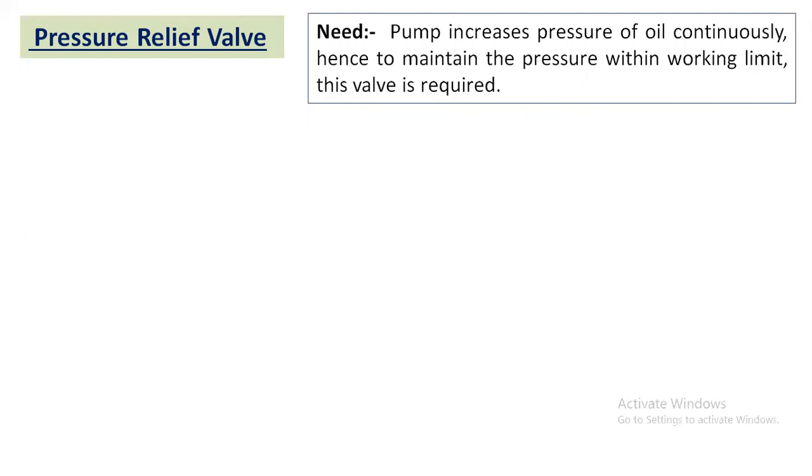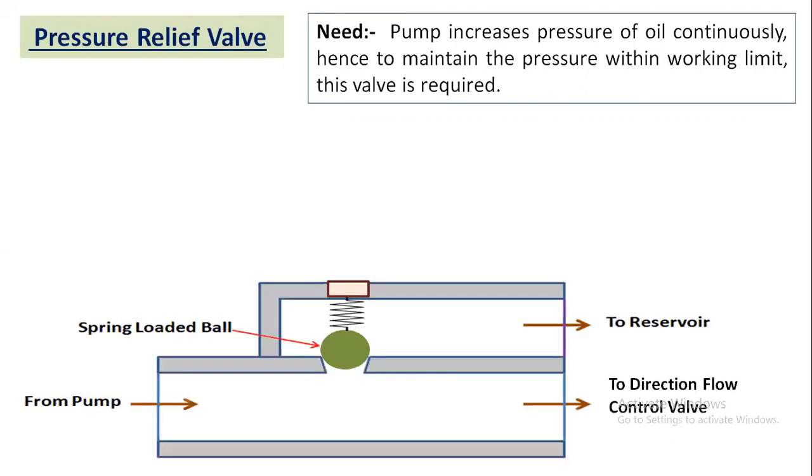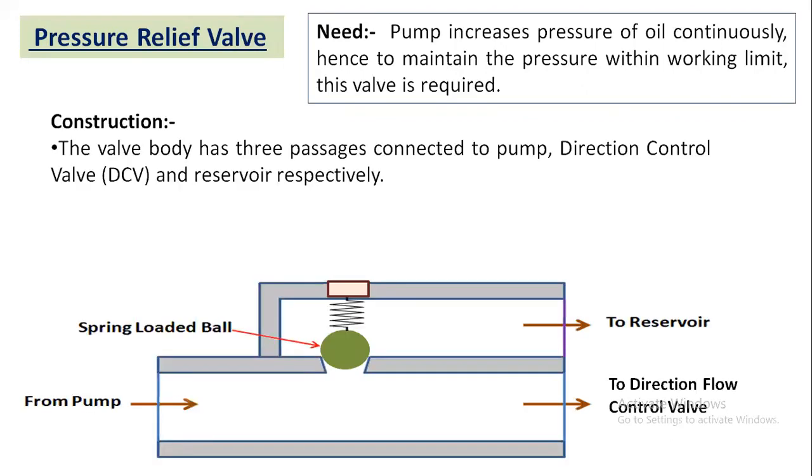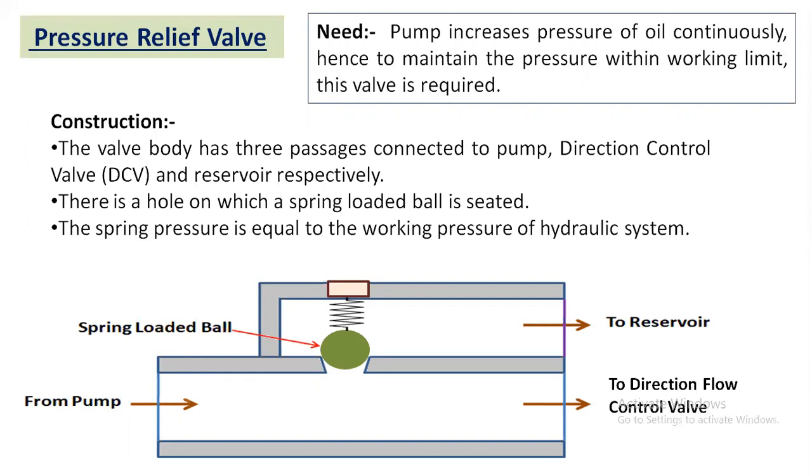The pressure relief valve is used to decrease the pressure. What is it? In construction, the pressure relief valve is connected to three passages. From one, oil comes from the pump, another is connected to the direction flow control valve, and the third one is connected to the reservoir.